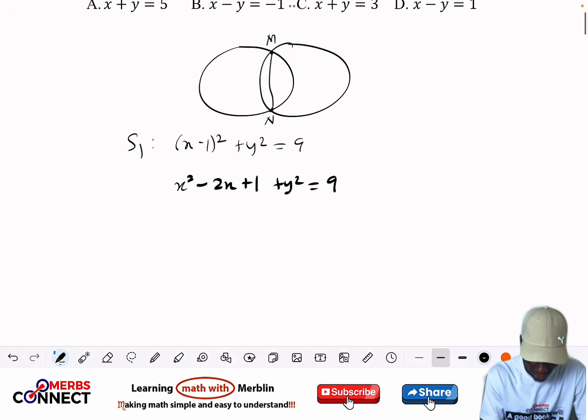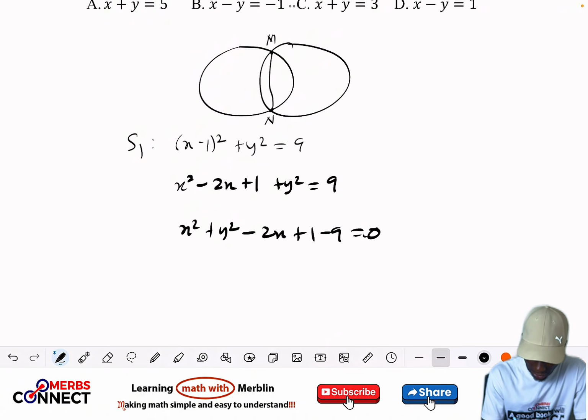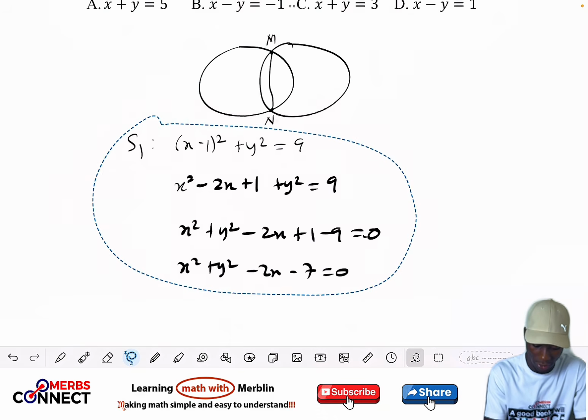This gives us x squared plus y squared minus 2x plus 1 minus 9 is equal to 0. This is the same as x squared plus y squared minus 2x minus 7 is equal to 0. So this is s1, right?